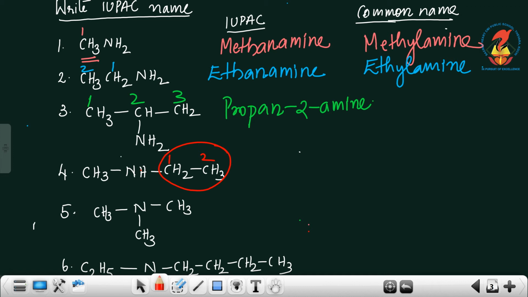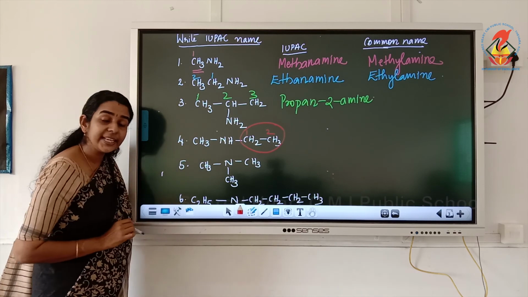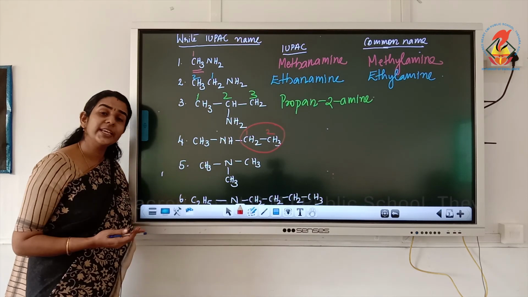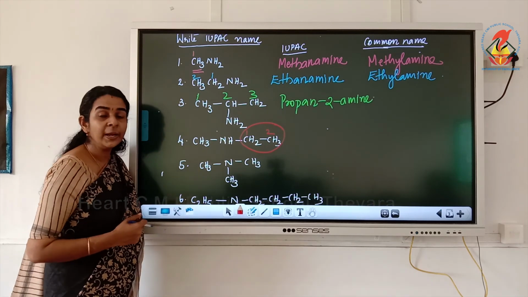Then how should we name this methyl group? It is actually from NH2, where one more hydrogen is replaced by a methyl group, or what we can say is one hydrogen is substituted by a methyl group.